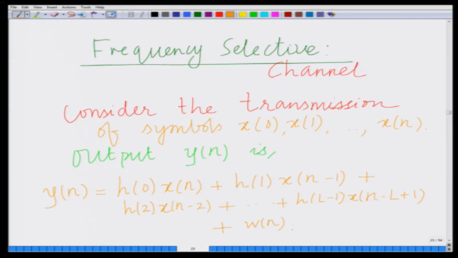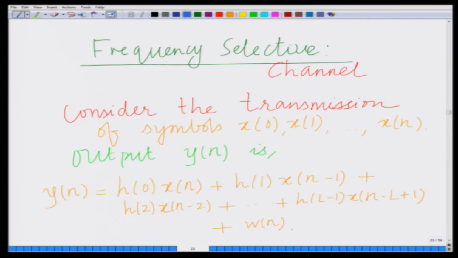So, what we are seeing is that yn is equal to h0 times xn plus h1 times xn minus 1, so on so forth until hl minus 1 times xn minus l plus 1 plus the noise.